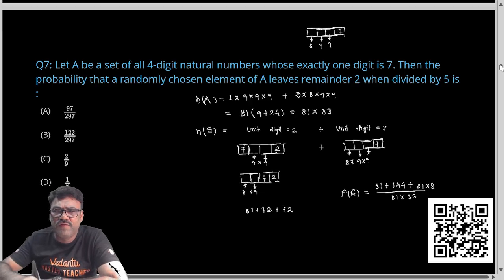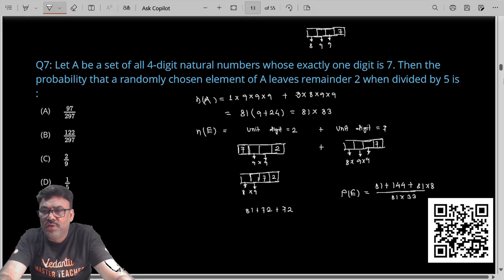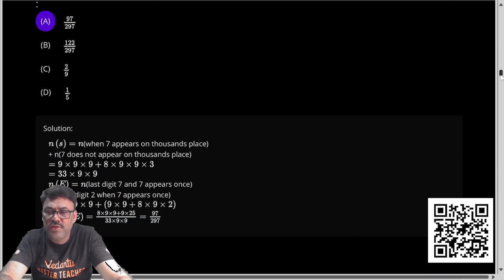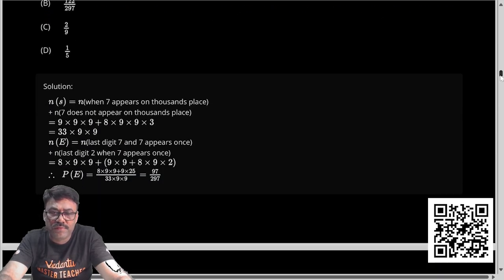Now just simplify it, you will get your answer. So when you simplify this, in the numerator you have 81 plus 144 plus 81 into 8, and in the denominator you have 81 into 33. Just simplify, you got your answer.